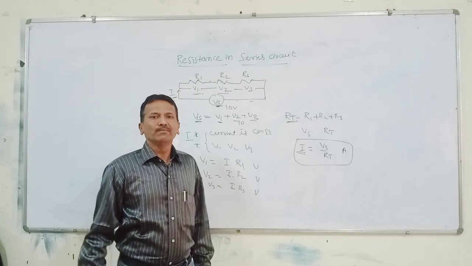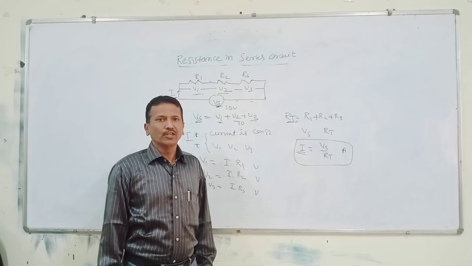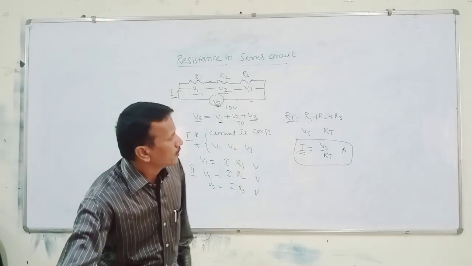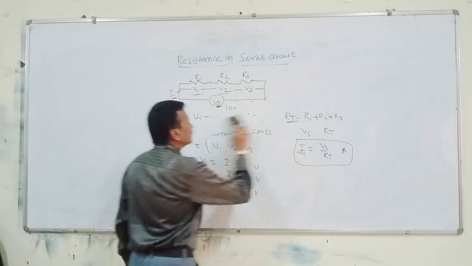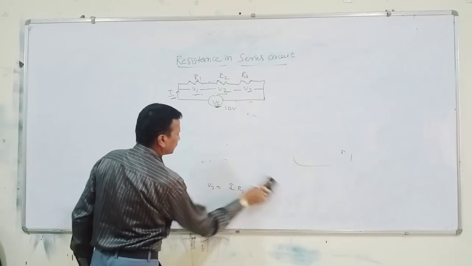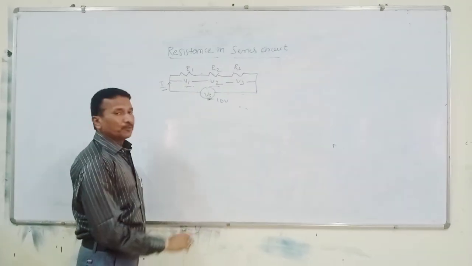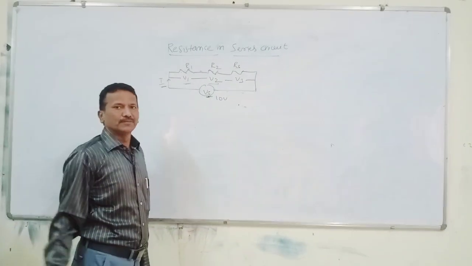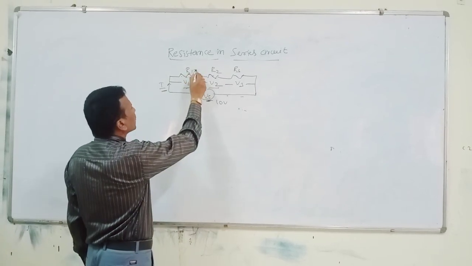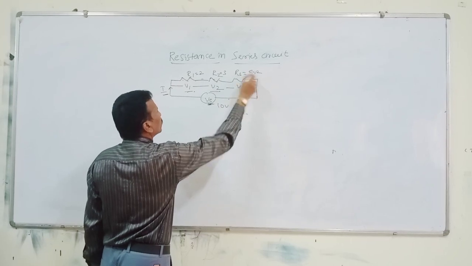Let's solve one problem on how to find the voltage drops as well as the total voltage. Suppose your voltage is 10 volts, and your resistances are 2 ohms, 3 ohms and 5 ohms.